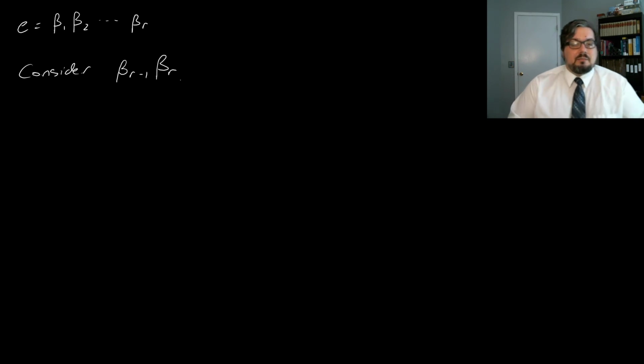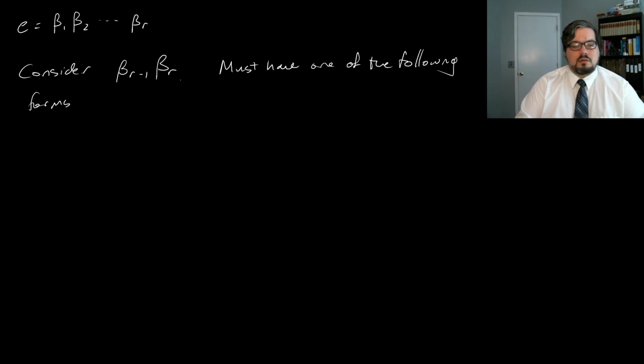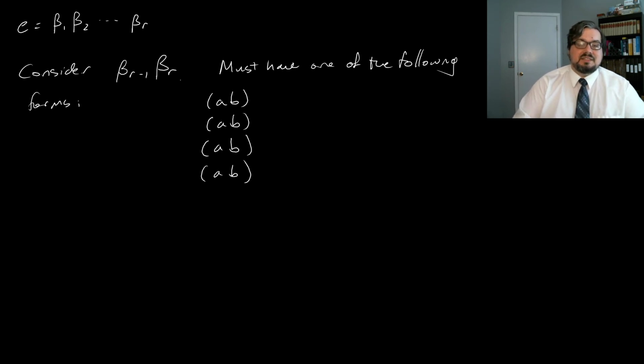So let's consider beta r minus 1, beta r. So this has to have one of the following four forms. I'm going to use AB to represent the cycle beta r.